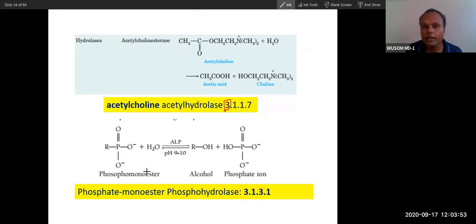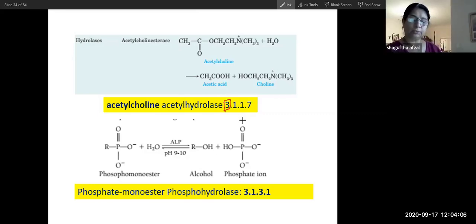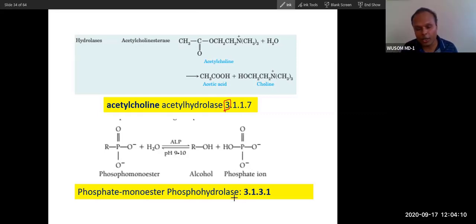If you can recognize that this enzyme is a hydrolase, that is more than enough. I can understand this enzyme from this number, but you don't need to understand that. It will never be asked. Just memorize this number 3, which represents hydrolase, which utilizes water to break the bond.